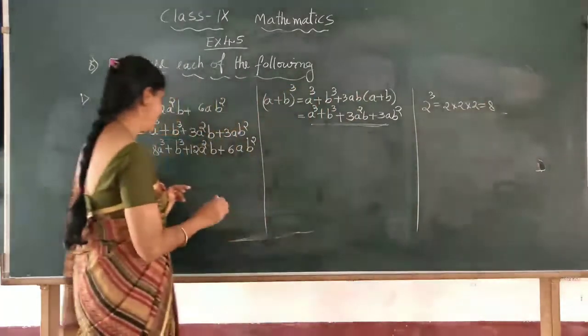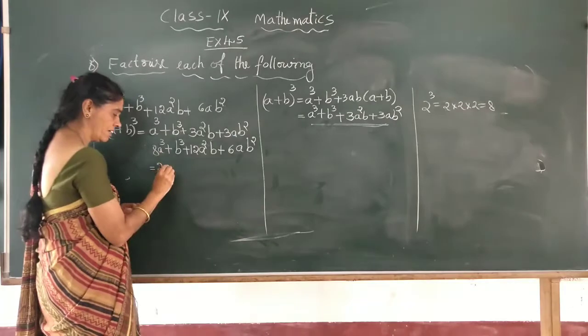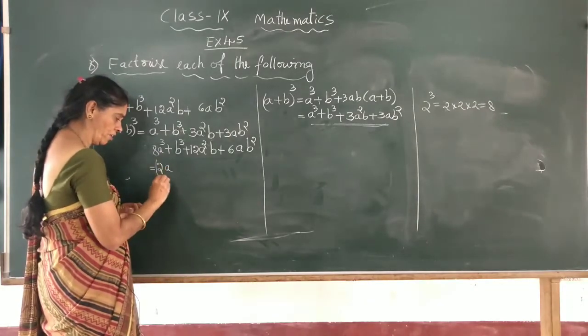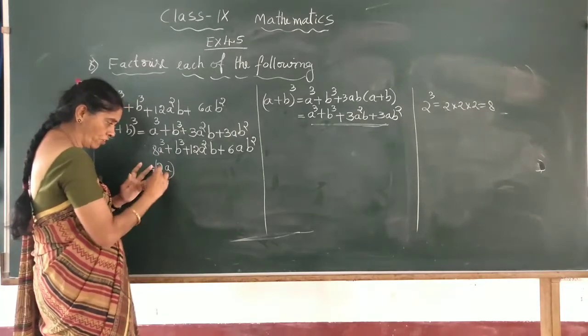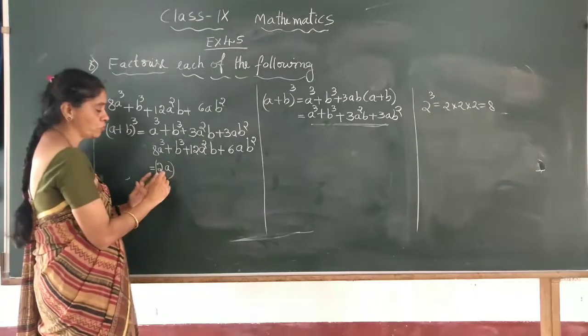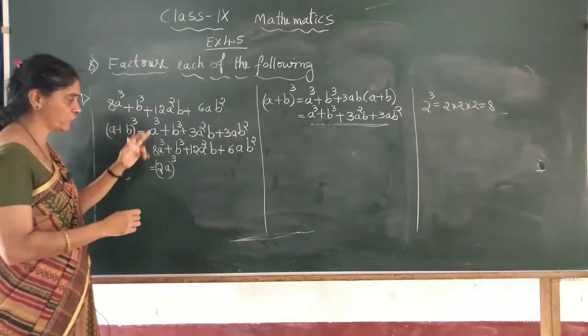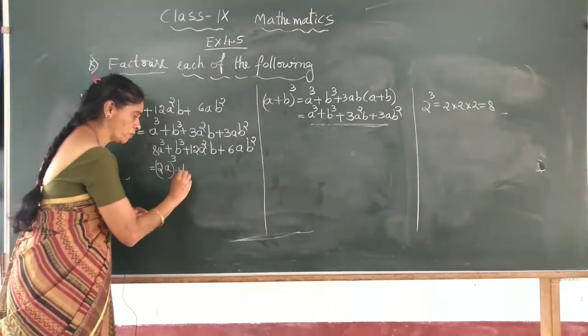So to get 8, I have to take 2, then a cube is a only. So 2a is a in the problem, so 2a cube gives exactly 8a cube. b cube is b cube only.